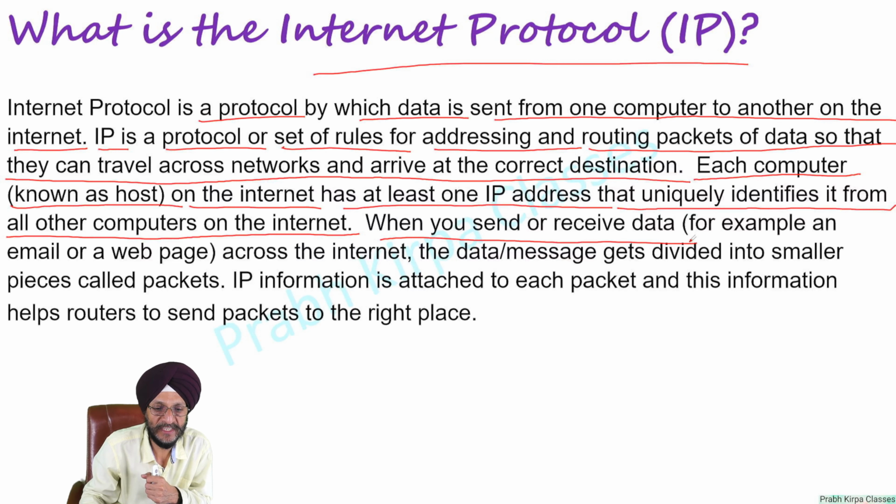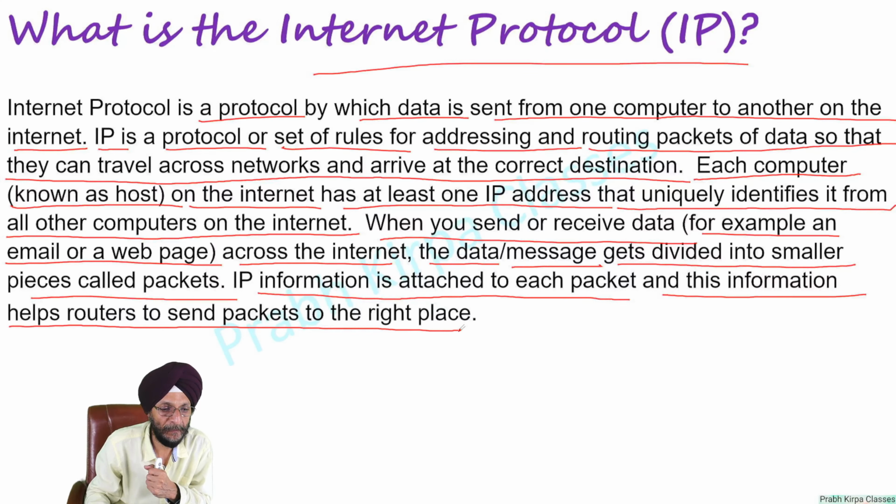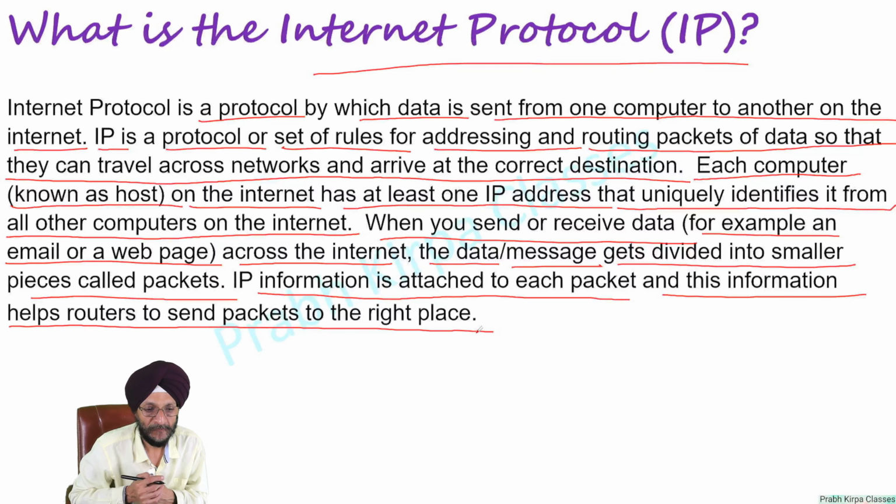When you send or receive data, for example, an email or web page across the internet, the data or message gets divided into smaller pieces called packets. IP information is attached to each packet, and this information helps routers to send packets to the right place. As already told, whenever the data is broken into small pieces, it travels from different routes.